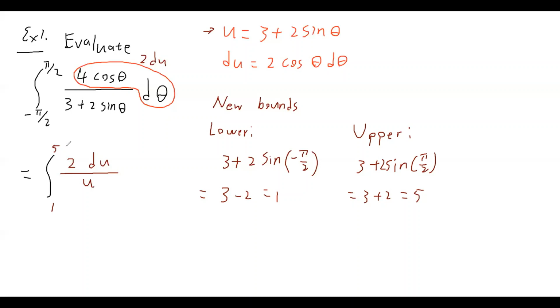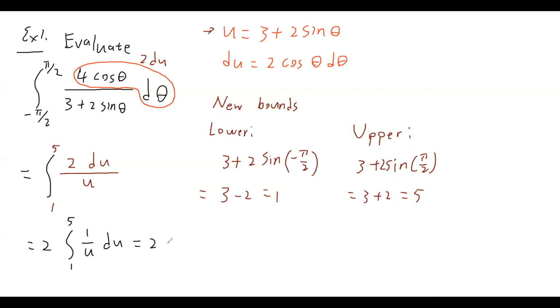Okay, now let's look at this definite integral right here. If we clean this up a little bit, I'm going to rewrite that as 2 times the integral from 1 to 5, 1 over u du. Right? And we know that the integral of 1 over u is just ln u, right?